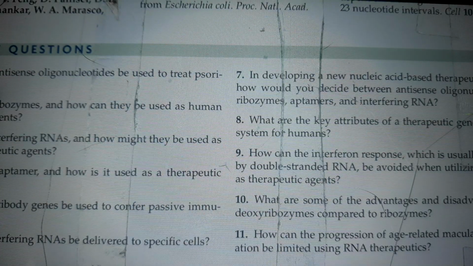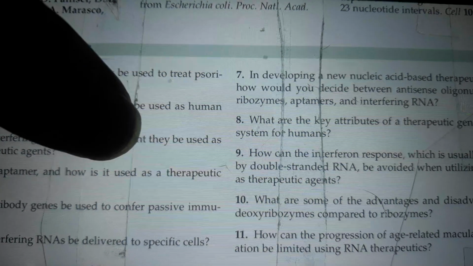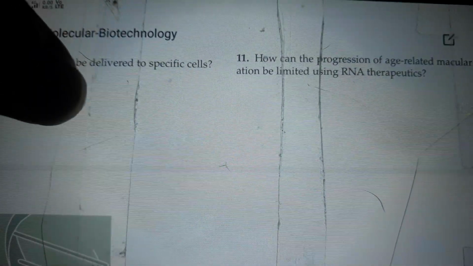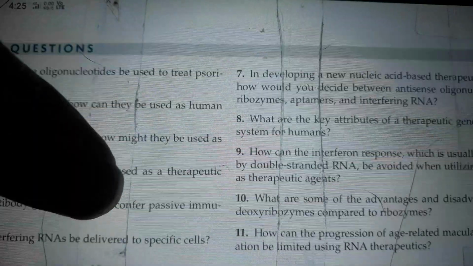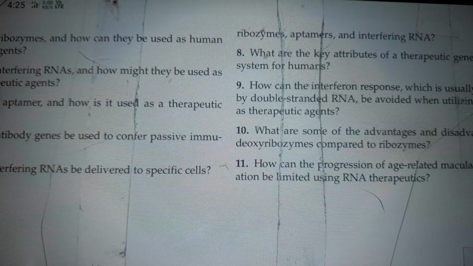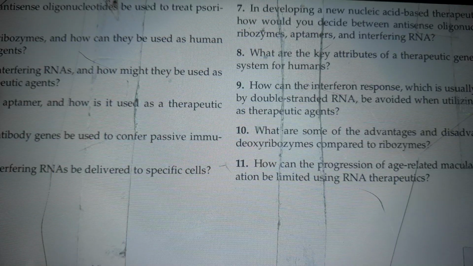In developing a new nucleic acid-based therapeutic agent, how would you decide between antisense oligonucleotides, ribozymes, aptamers, and interfering RNA? And what are the key attributes of a therapeutic gene delivery system for humans? How can the interferon response, which is usually induced by double-stranded RNA, be avoided when utilizing siRNAs as a therapeutic agent?